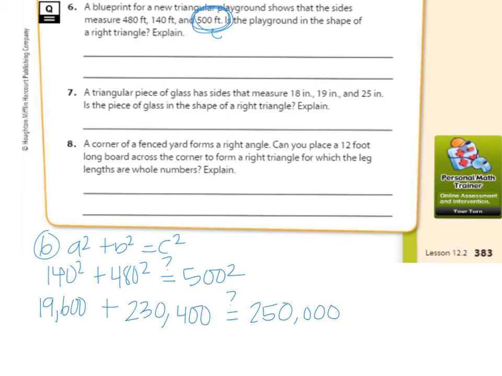Okay, so we need to add these two up, 19,600 plus 230,400, and see what they equal. And I'm going to plug this into a calculator. These are big numbers. You are welcome to do this longhand. You are also welcome to use a calculator. And so these equal 250,000, which is equal to 250,000. So this does form a right triangle. So yes. And our explanation can simply be our work here.